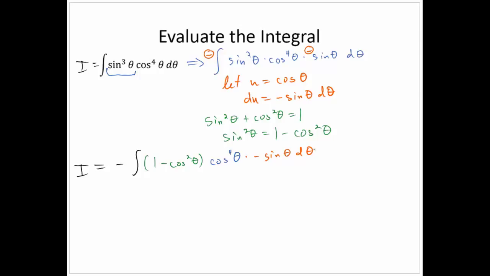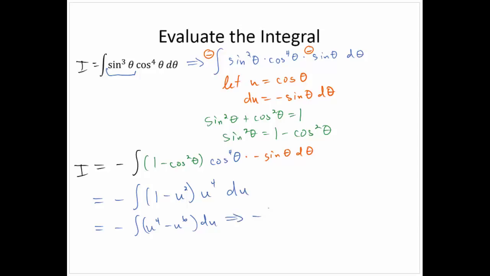With that substitution, letting u equal cosine theta, this integral becomes simply negative integral of 1 minus u squared times u to the fourth du. And so that's negative integral of u to the fourth minus u to the sixth du.